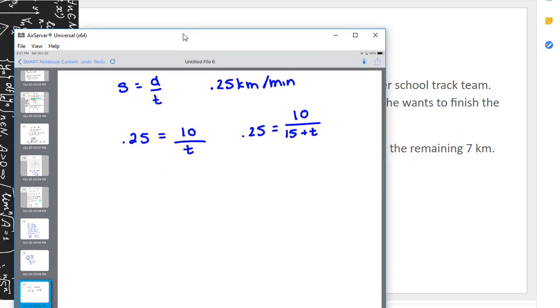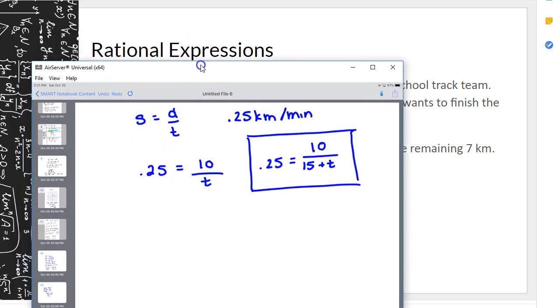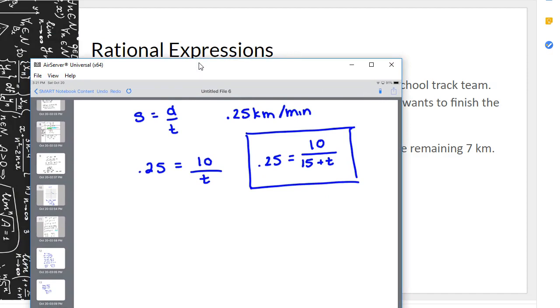So this is a rational equation that represents this. We want to run 10 kilometers total. We've already run 15 minutes. We need to run some more time. At the end, I want to know what time that would be that would allow me to have an average of 0.25 kilometers per minute.